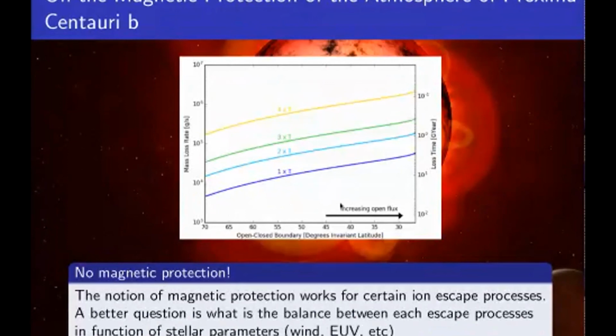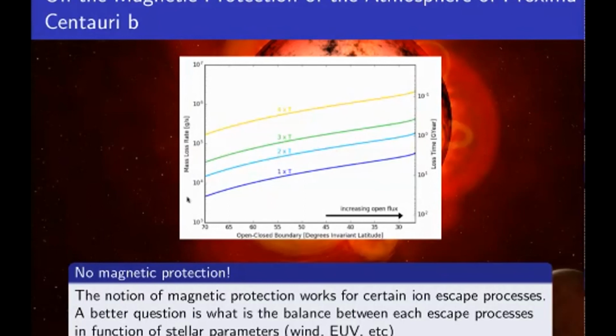And basically looking at, if we put the Earth at the location of Proxima B, we can look at the loss time of an ocean in terms of gigayears. If we take an opening of the magnetic field and different exospheric temperatures, something realistic of 2 or 3 times the exospheric temperature of the Earth, then we can lose an ocean in a gigayear.